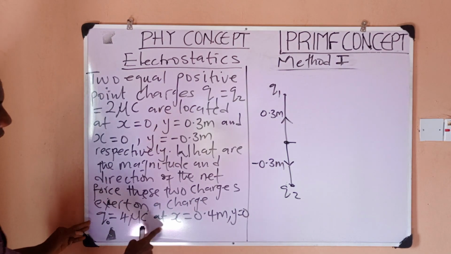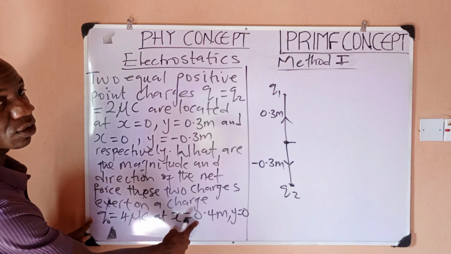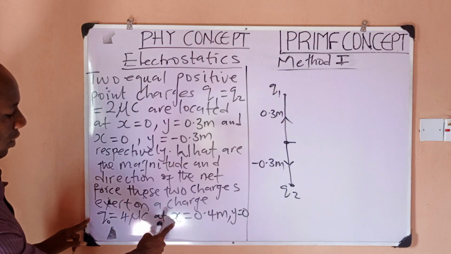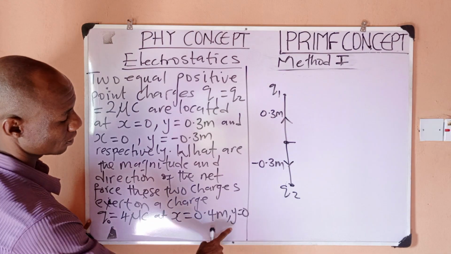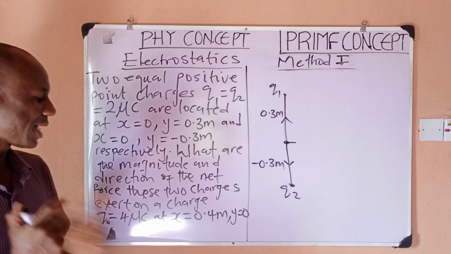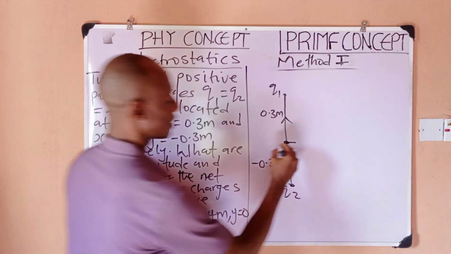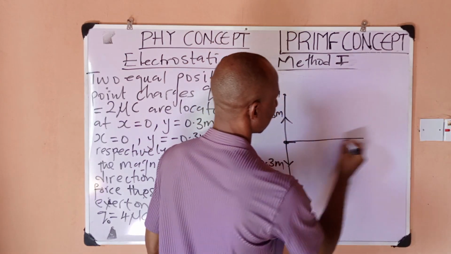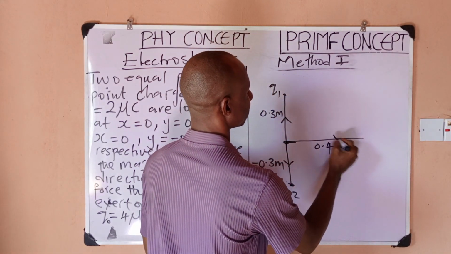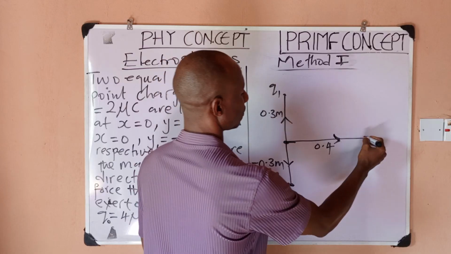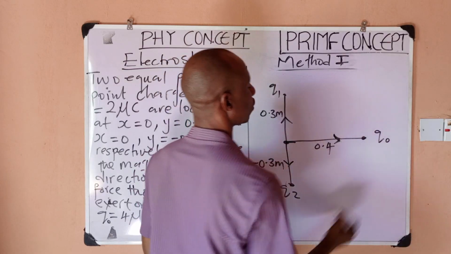It is located at x equals 0.4 and y equals 0, so it is along the positive x-axis. This is where we have that third charge, Q0.